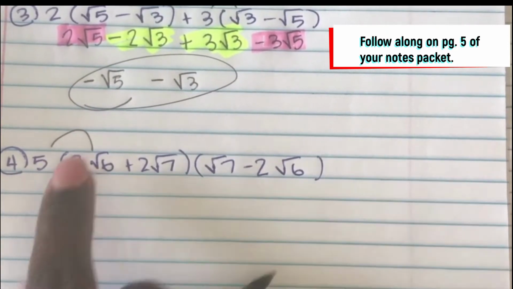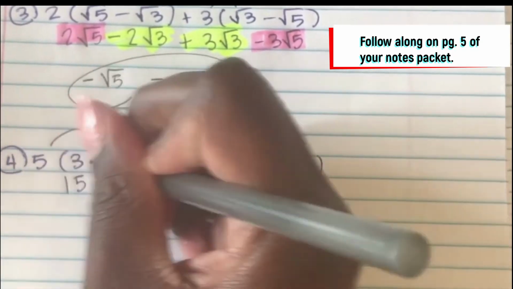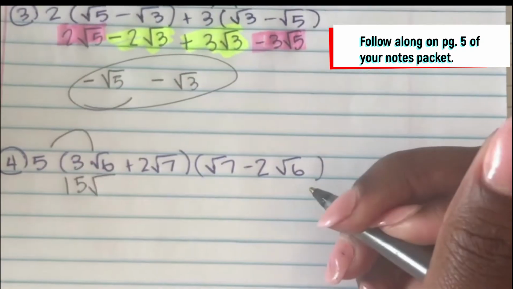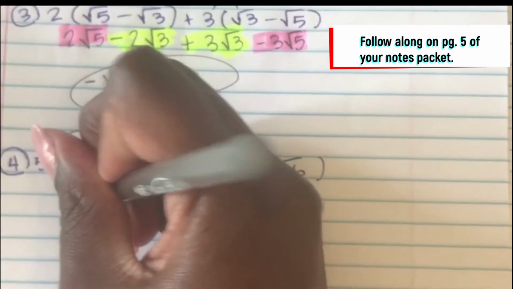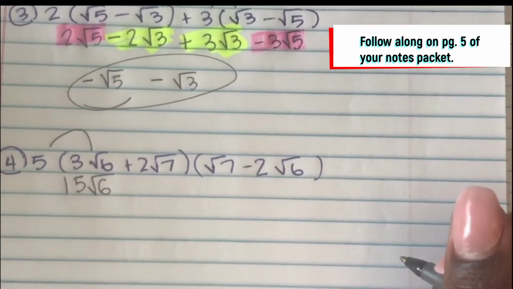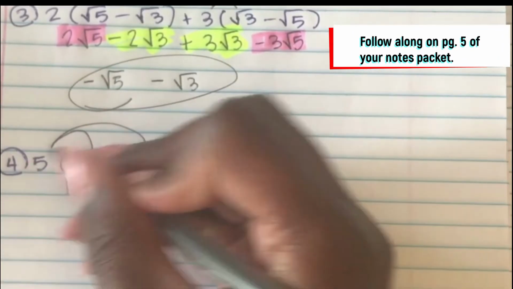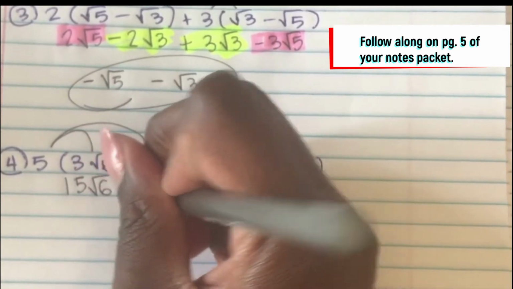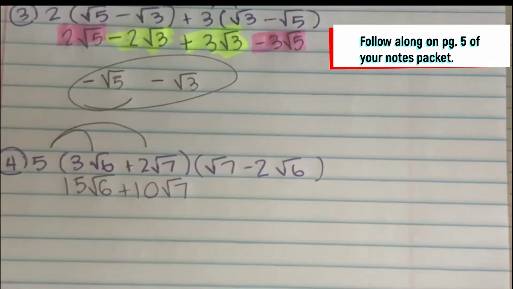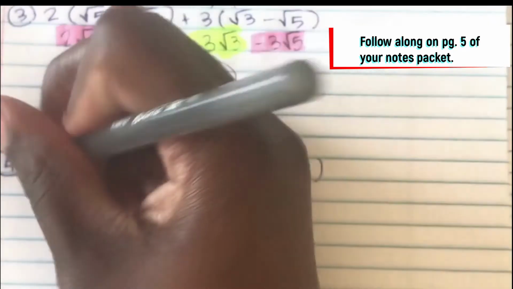So 5 times 3 gives us 15. And then you want to multiply the numbers under the radical. And we only have a 6 under the radical. So now I'm going to do 5 times 2 square root 7. I'm multiplying the numbers on the outside. 5 times 2 is 10. And square root of 7 is the only thing under the radical.